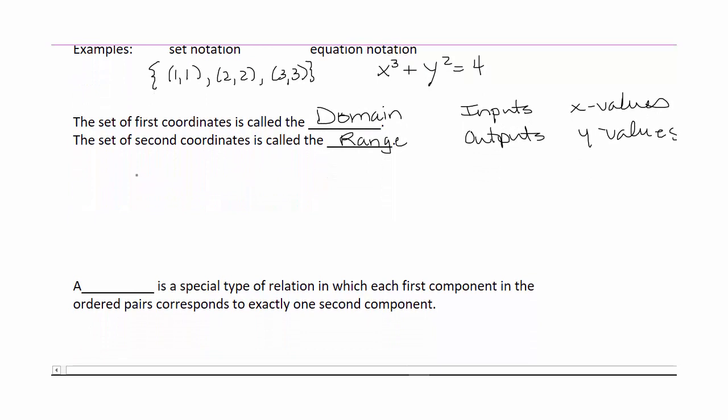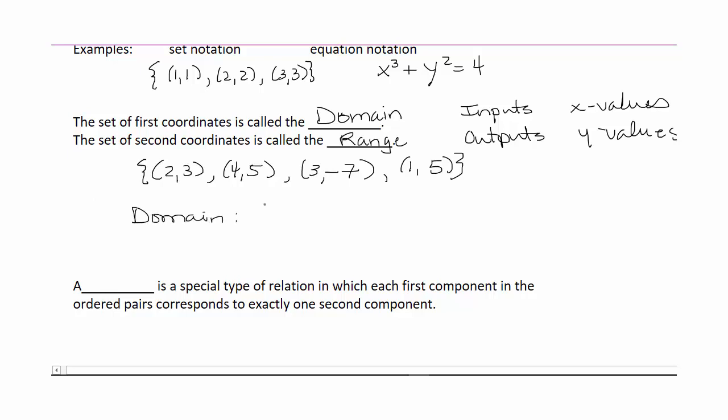So if, for example, I wanted to find the domain of the relation that includes (2, 3), (4, 5), (3, -7), (1, 5), this is my relation, then my domain would be just a set containing all the x coordinates, like 2, 4, 3, and 1.